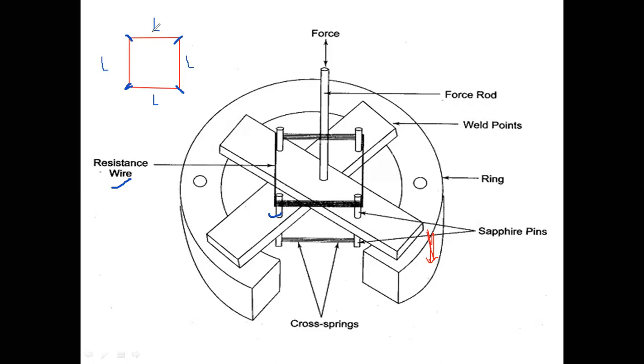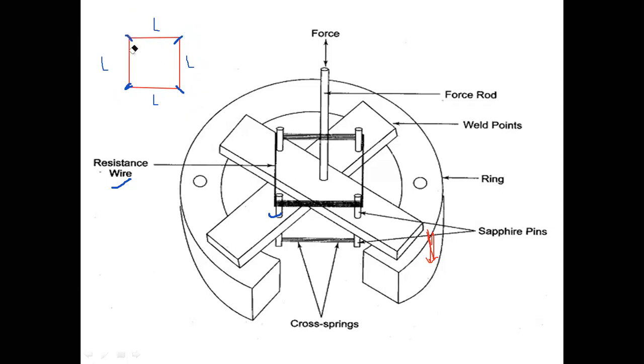From this mounting sapphire to this mounting sapphire, the length of wire is L, the length of the conductor here. Again, L is the length of these conductive wires.